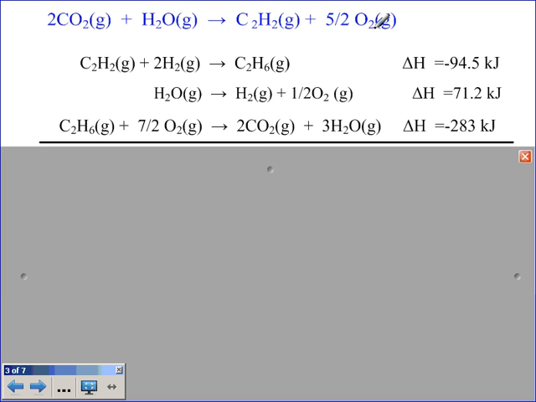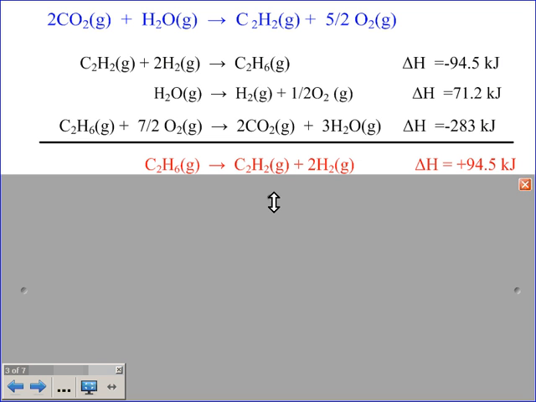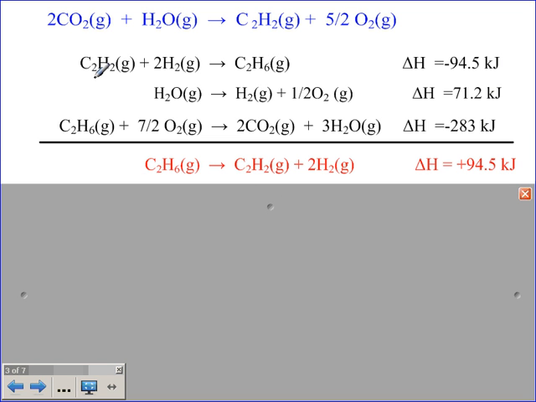And the last thing I can look for is oxygen. I need to have O2 on the right side of the arrow. And I do, plus I already said I was going to flip this one, so I'm going to have it on the right side of the arrow. So if I flip the first one so that I've got my C2H2 now on the right side of the arrow, I flip it all across and I change the sign.